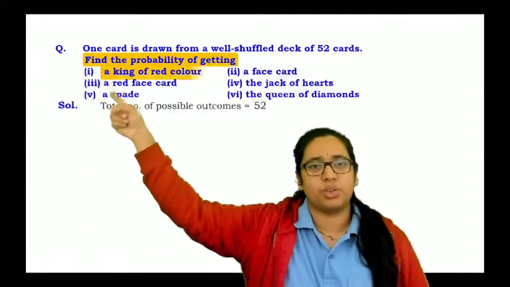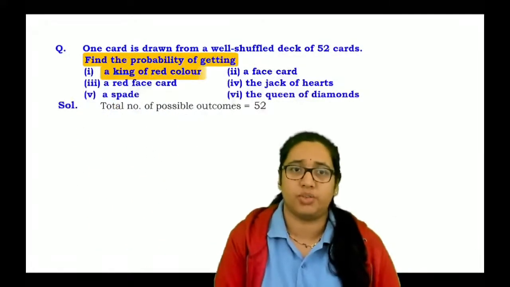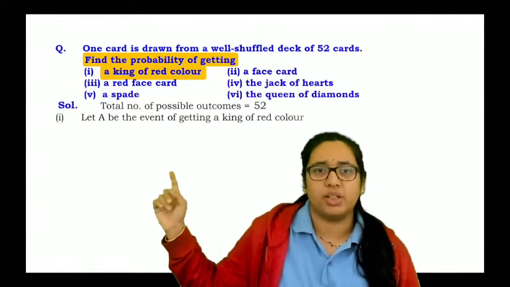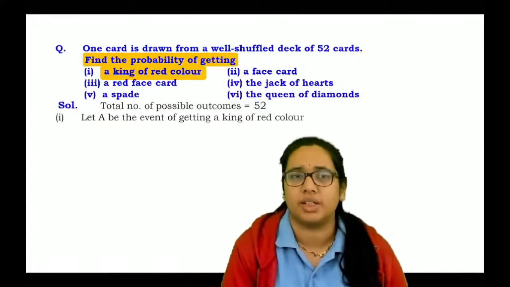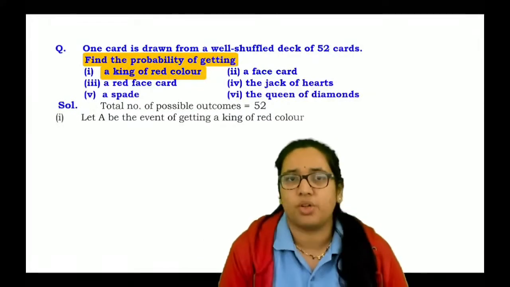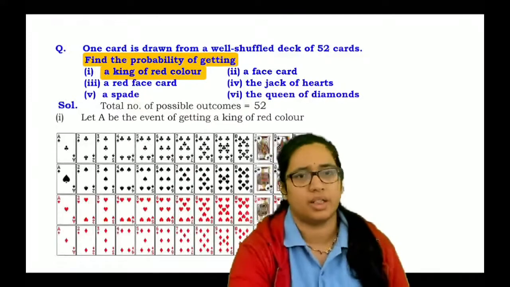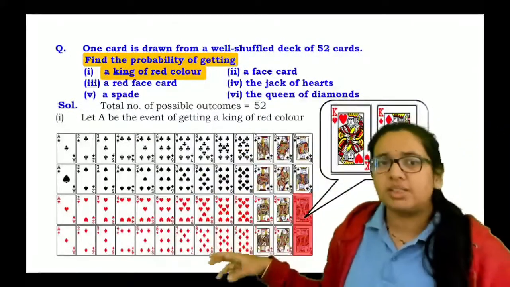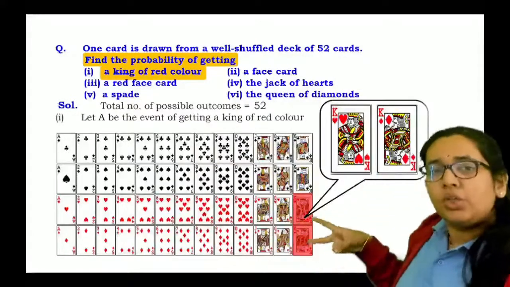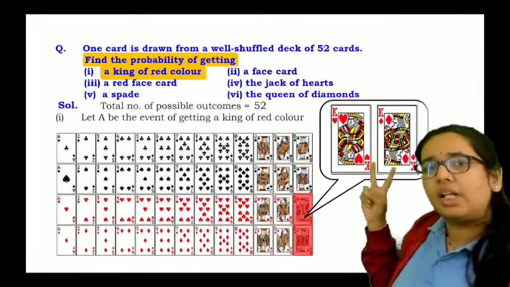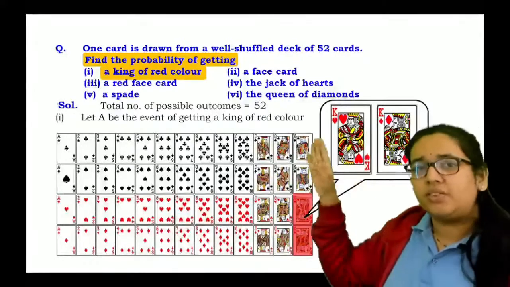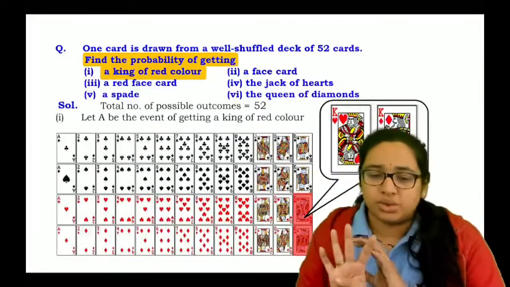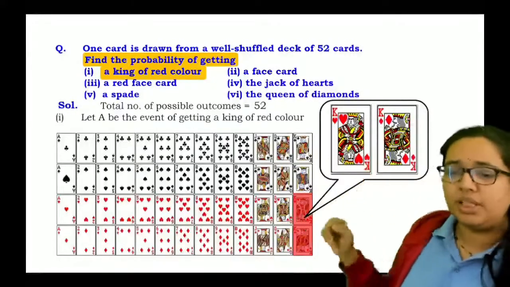So we'll just go through the first one: find the probability of getting a king of red color. Let A be the event of getting a king of red color. Okay. So we know that out of these 52 cards, there are only two red colored king cards, right? Basically, there will be four king cards, but we are talking about the red colored ones. So obviously, its answer will be two.